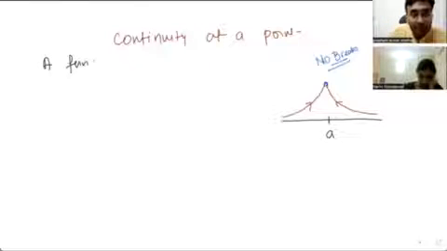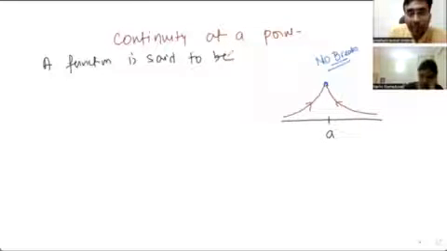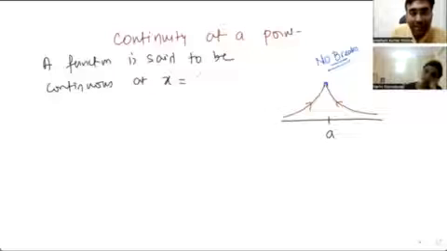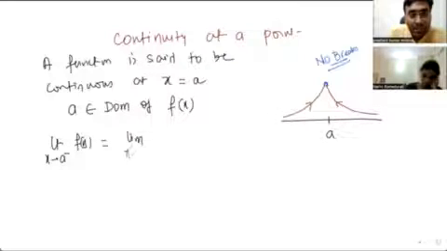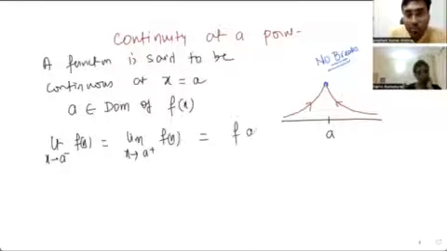A function is said to be continuous at x equals a, where a belongs to the domain of f(x), if the limit as x tends to a minus of f(x) equals the limit as x tends to a plus of f(x), both are equal, and that equals f(a).